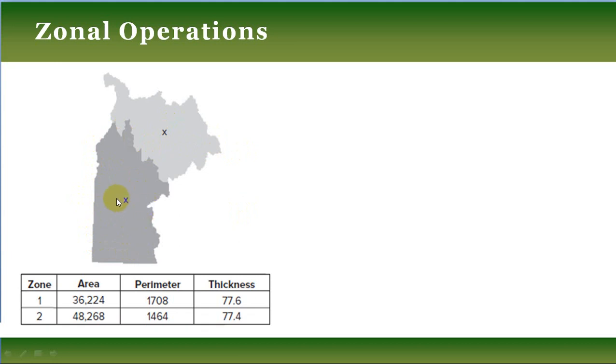It will calculate the perimeter of every zone in kilometers, and it will calculate their thickness. What is the maximum distance from the centroid? If you draw a circle in such a way that it touches the boundary, this circle's radius is called thickness. Perimeter and thickness we calculate in kilometers or meters. Area should be in square kilometers or square meters.